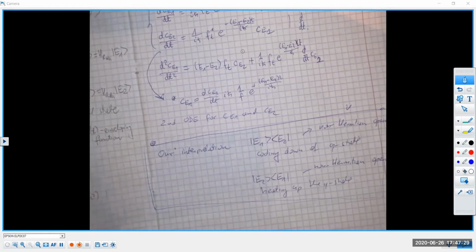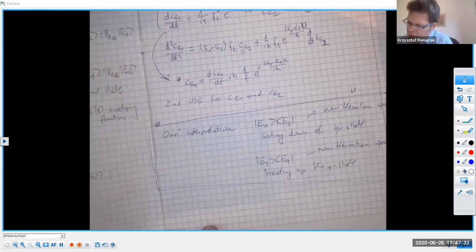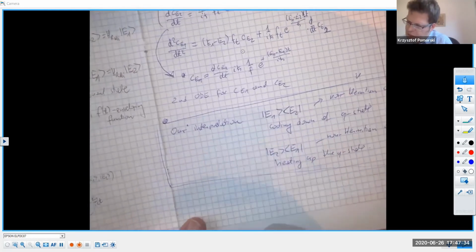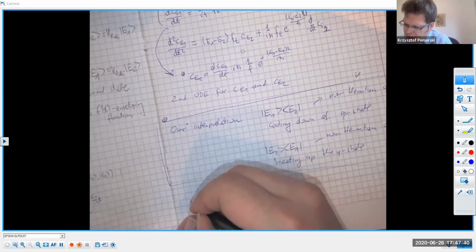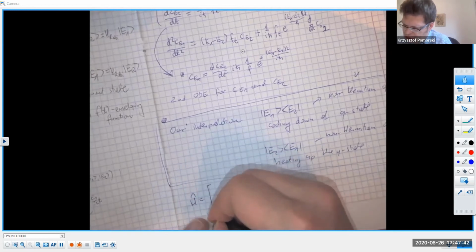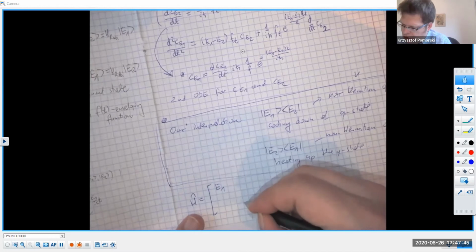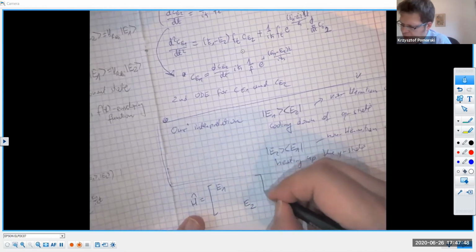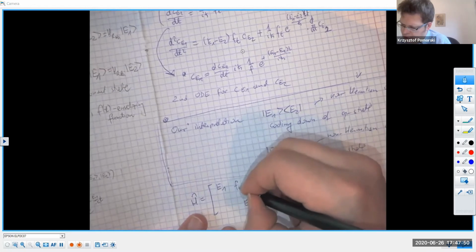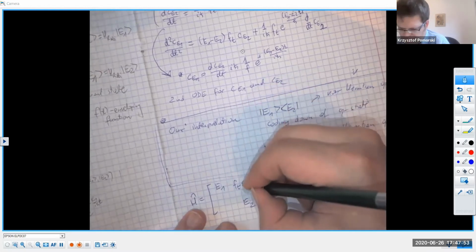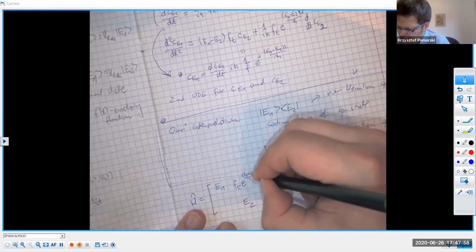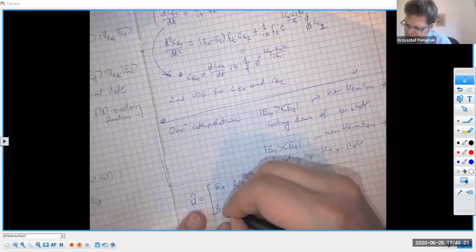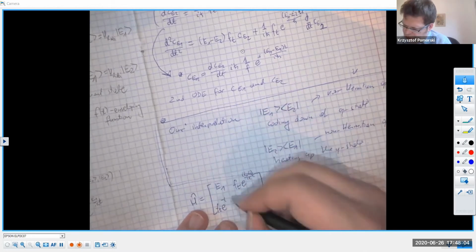So in general, this position-based qubit in a radio frequency field, its Hamiltonian could be written in such a way that we have E1, E2, and now we have our terms minus E2 over ħ t, and we have our terms E1 minus E2.